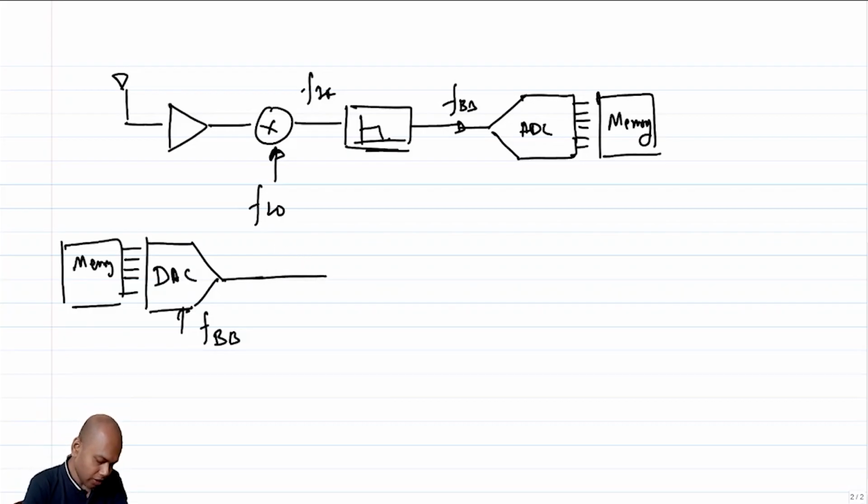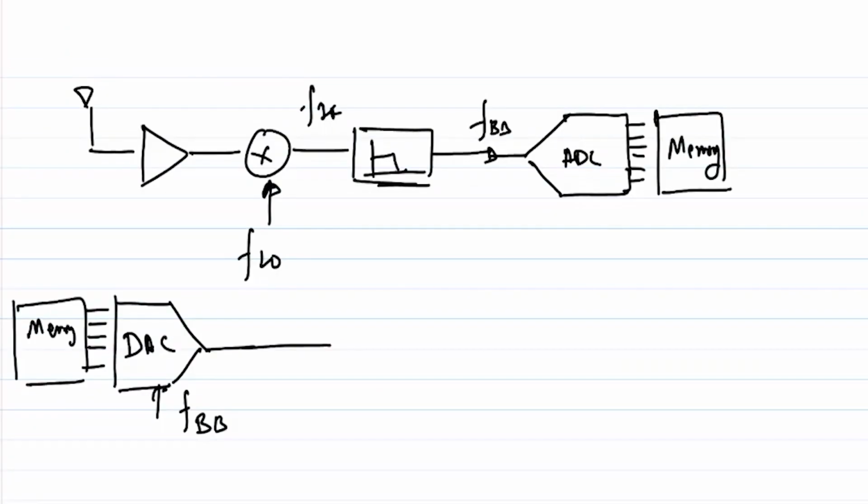Because this is not a data conversion course, we will not get into too much detail. But what eventually happens is, just like when you do an ADC, you have to do first sampling and then digitization, similarly in a DAC there is some inherent sampling kind of operation built in.